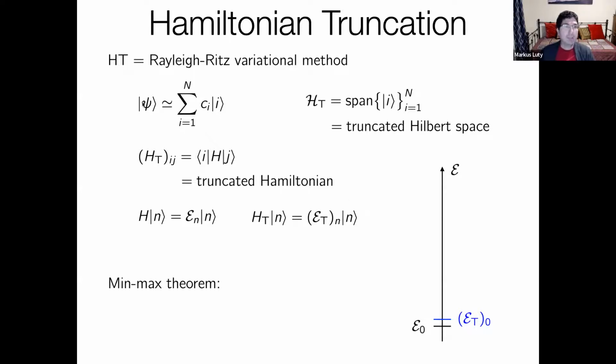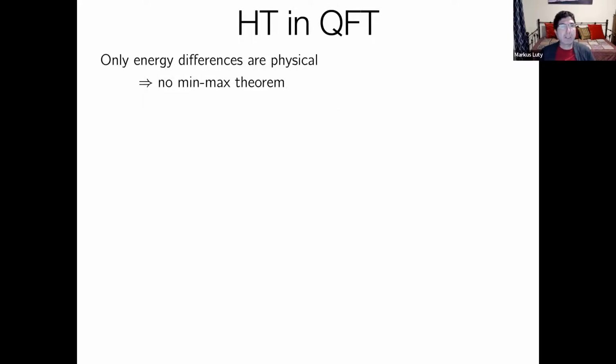But in fact, if you use this version of the variational method, then all the excited states of your approximate Hamiltonian are also larger than the true ones. So it's a variational method that you can hope to use for the excited states as well, okay?